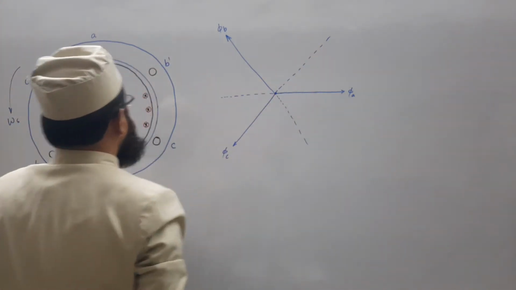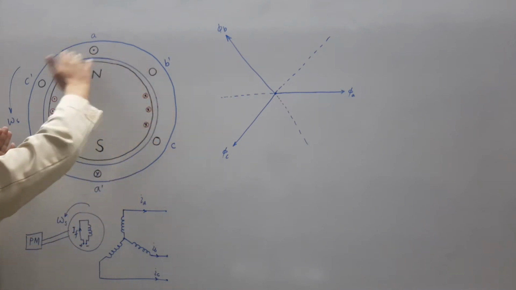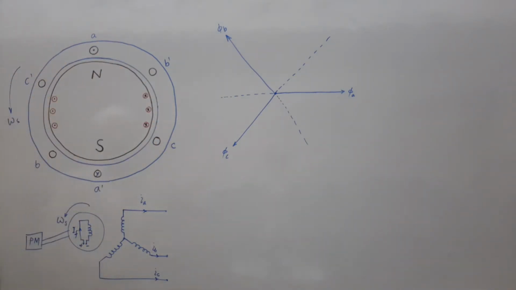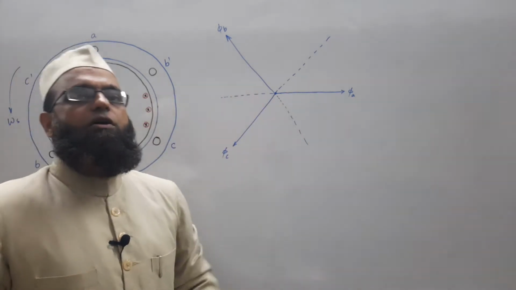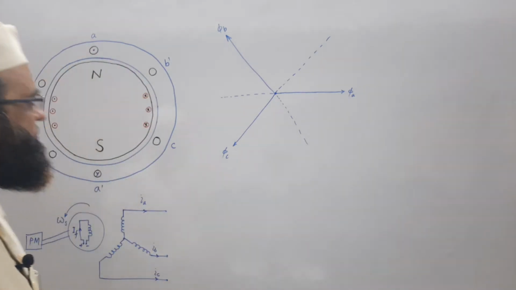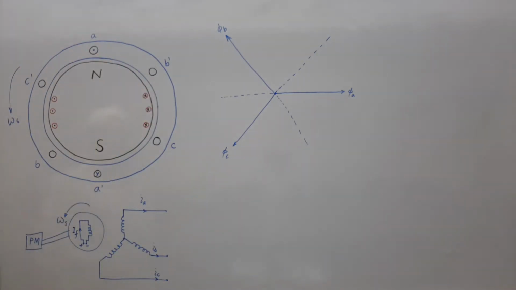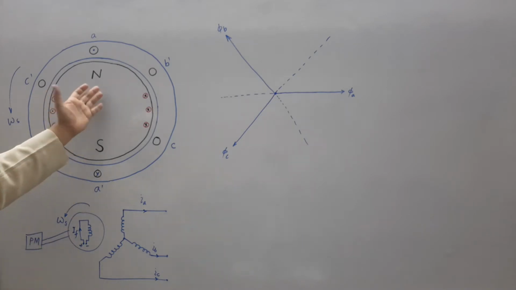So that's why, as per the alignment of the slots on the stator corresponding to 3-phase windings, we have marked the axis of the fluxes produced due to 3-phase currents. Fine.